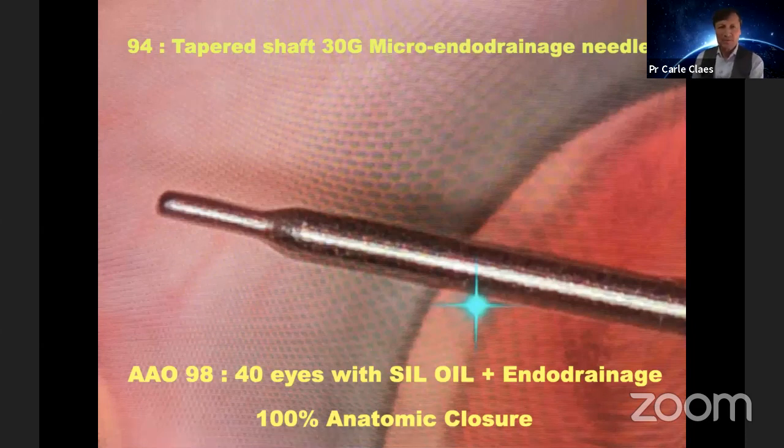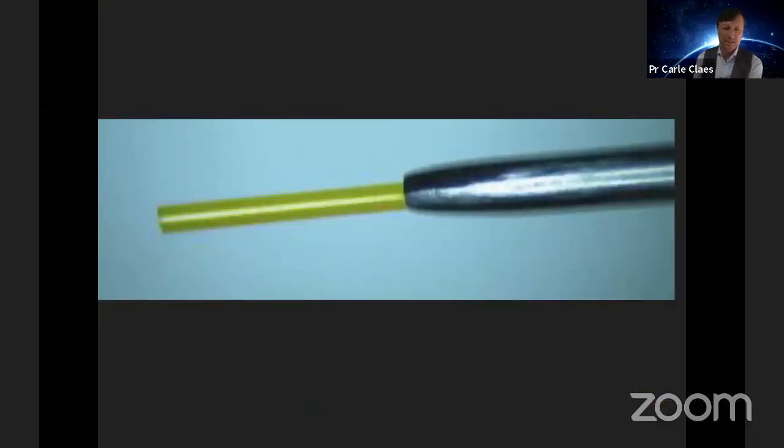So how did we come up with this technique? Actually, in '94, we presented this tapered shaft 30 gauge micro endodrainage needle, as we call it. We presented the first 40 eyes at the American Academy using silicone oil in combination with this micro endodrainage needle, and we got a good success rate in all our cases.